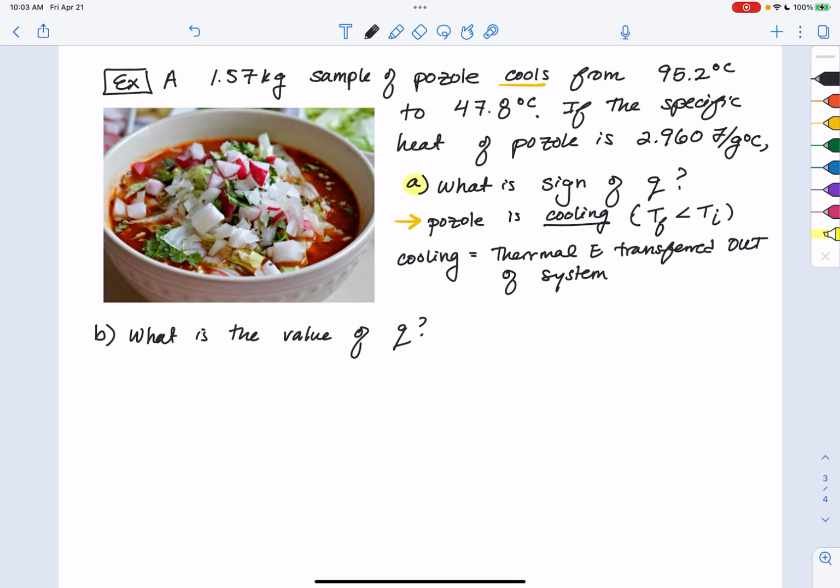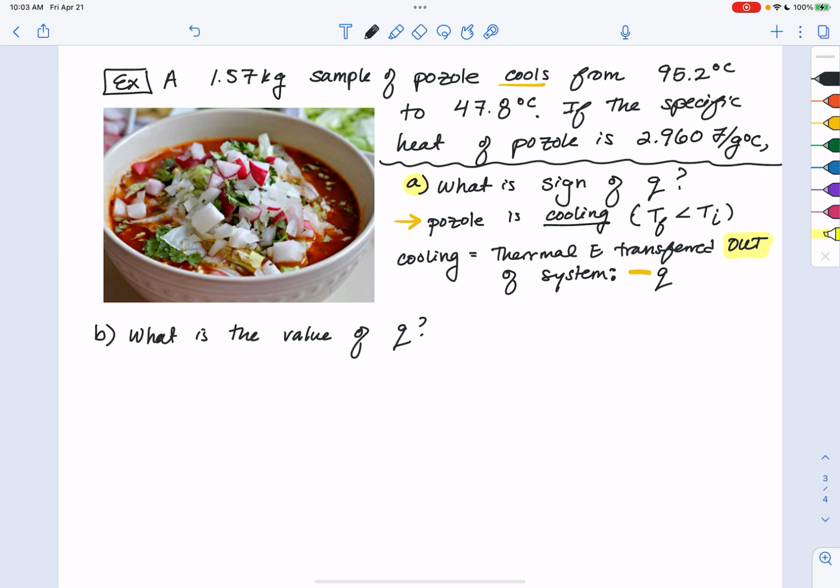And anytime we have this outward, away from the system, language or concept, that means we are looking at a negative sign for our heat. All right, let's prove if that's right.